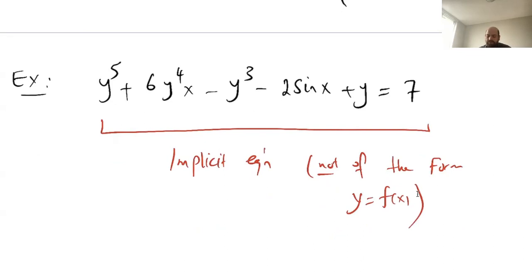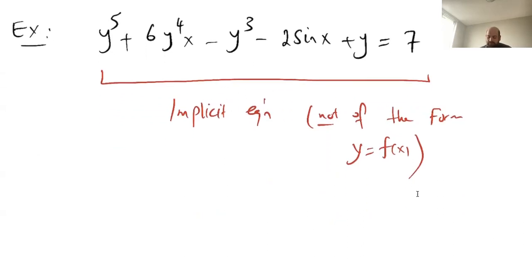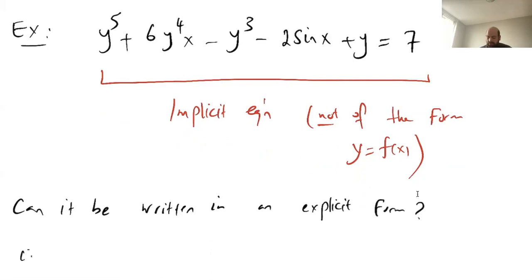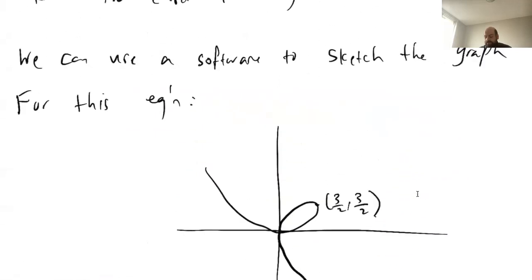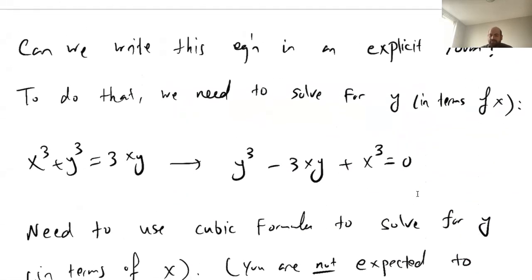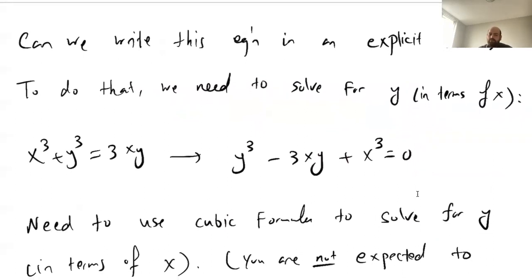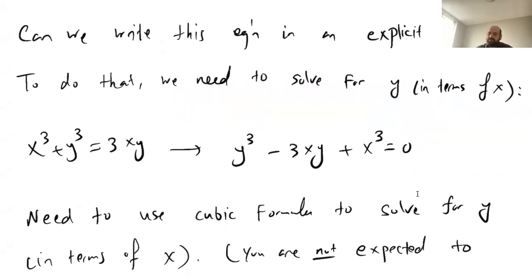Now, can we write this in an explicit form? In other words, can we solve for y in terms of x? For the previous example, we saw we could solve for y in terms of x, but we need a cubic equation formula, which we don't know at this level, but it can be solved.